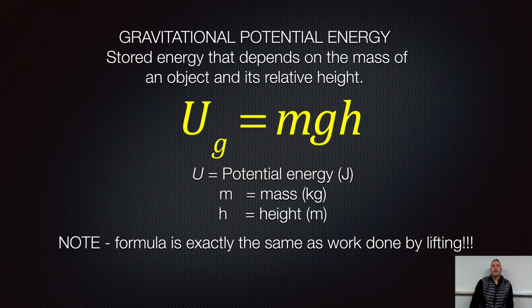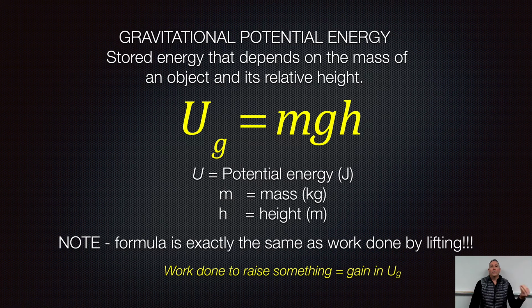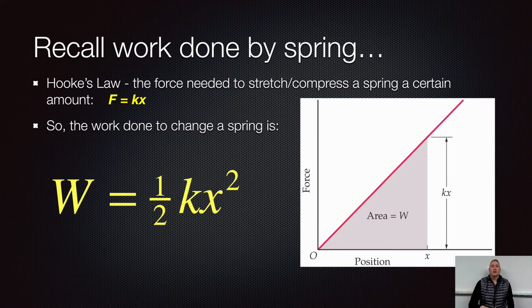Okay? We talked about springs a little bit. And when we talk about springs, we had these 2 equations, the Hooke's law, which tells us that how far a spring is stretched or compressed from its normal position means it changes its force of resistance. And because it changes its force of resistance, we have this formula for how much work is done, which is 1/2 kx squared.